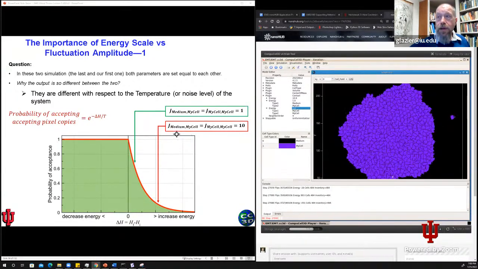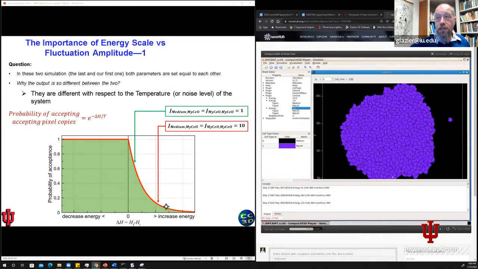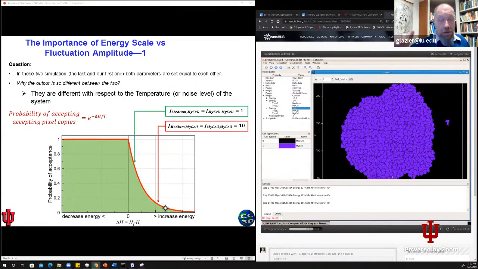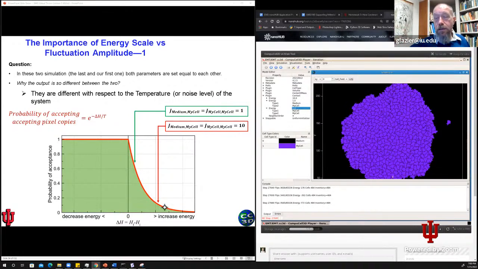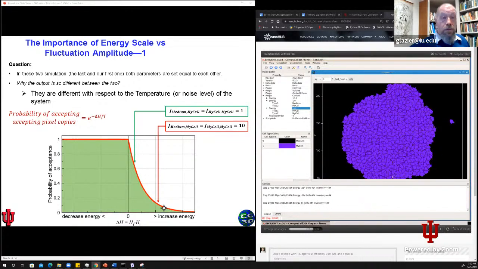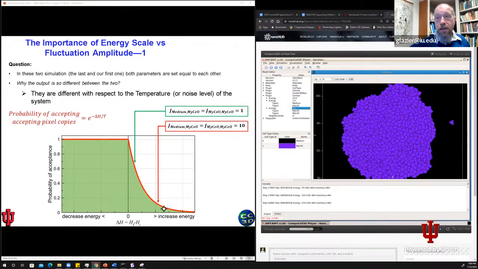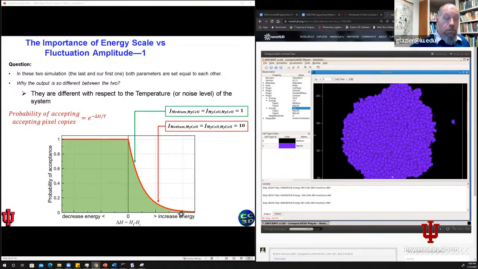If my J medium-cell and J cell-cell is 10, the typical change when I add or subtract a pixel might be here, a larger energy. And that gives me some probability of making that change of 0.15.